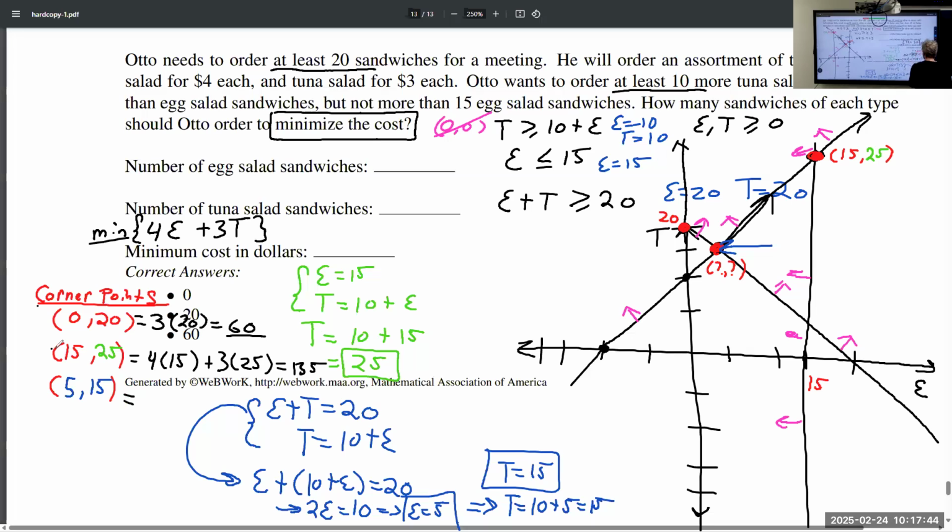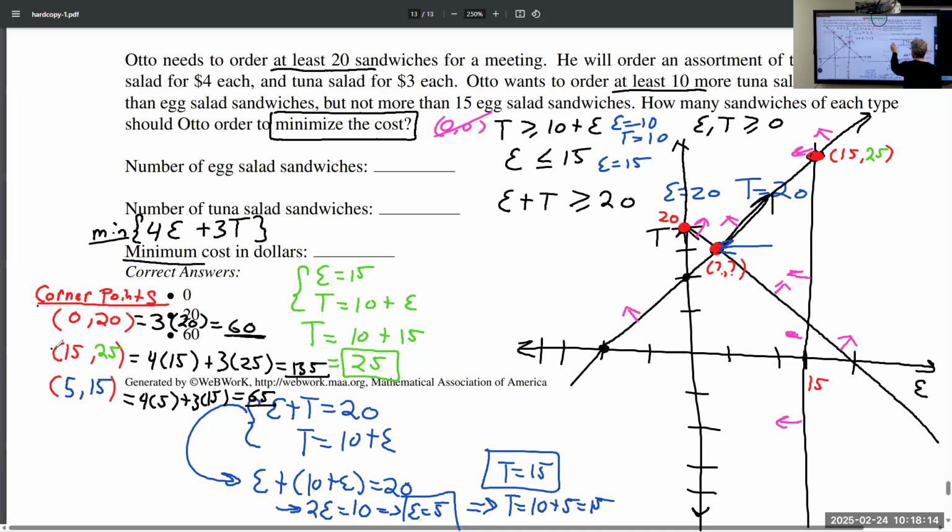Or you have 4 times 5 plus 3 times 15. So that'd be 45 plus 20, $65. So it's either $60, $135, or $65. We want the minimum cost.